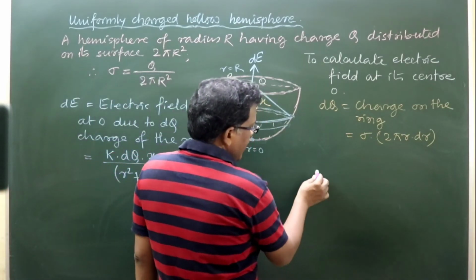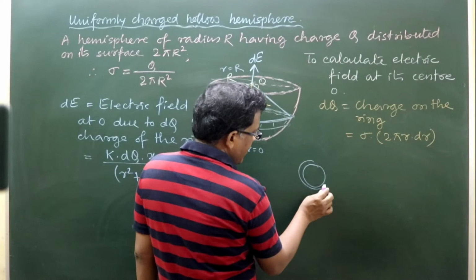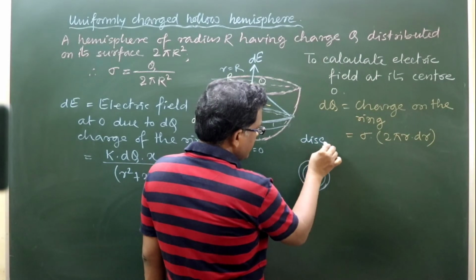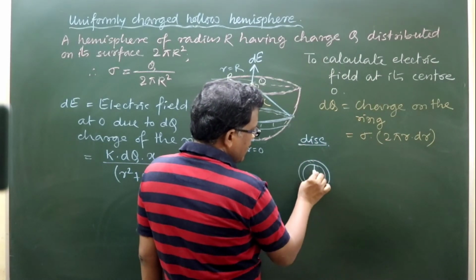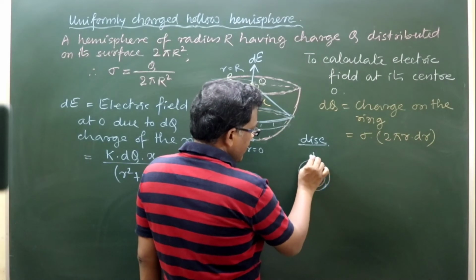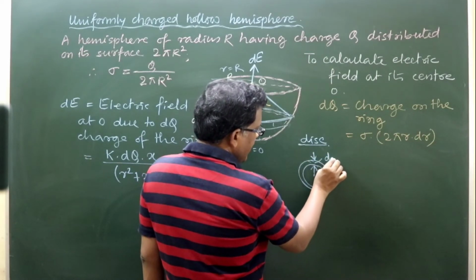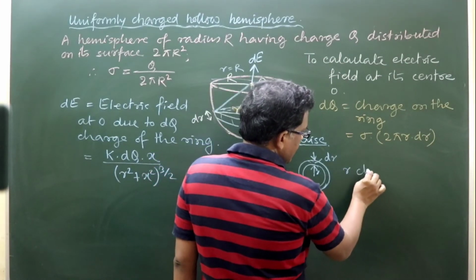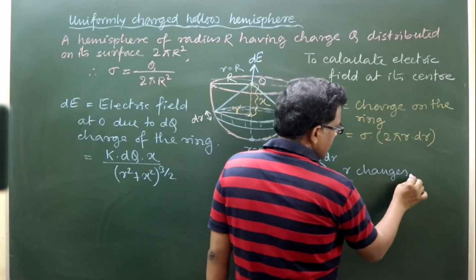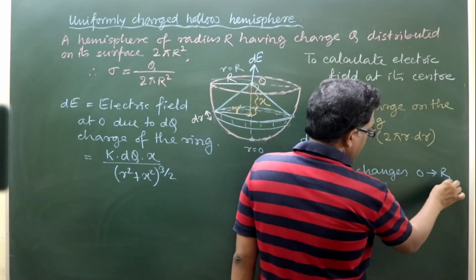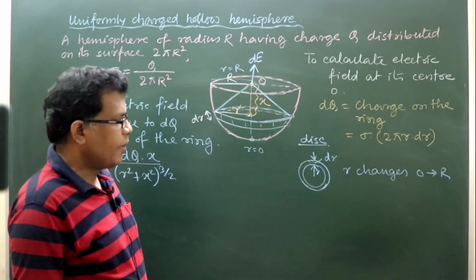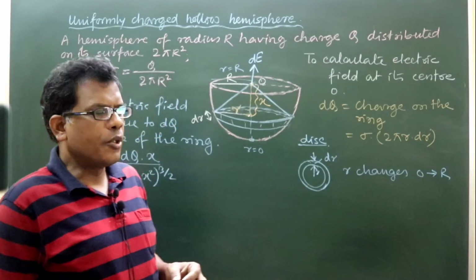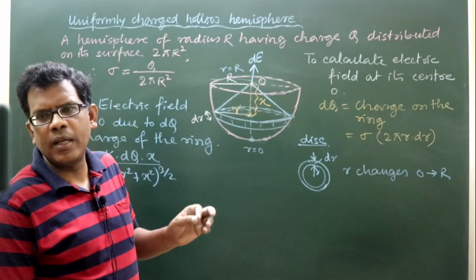In the previous case, in the case of the disk, if this was one ring, then this was the small r and thickness was dr. So r was changing from 0 to capital R in the case of the disk, and importantly you can see the change of r from one value to the next by dr. So the presence of dr is linearly available along with r.